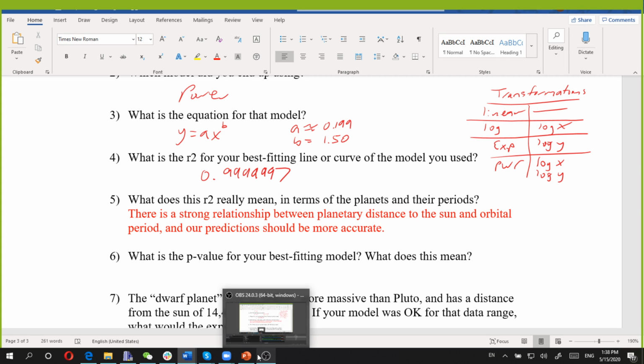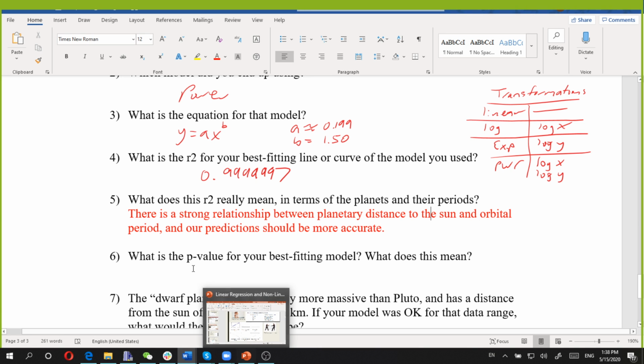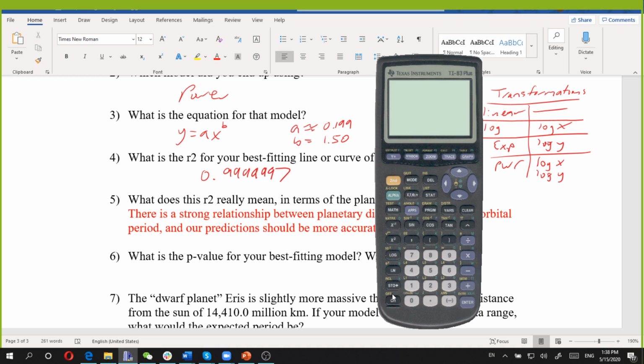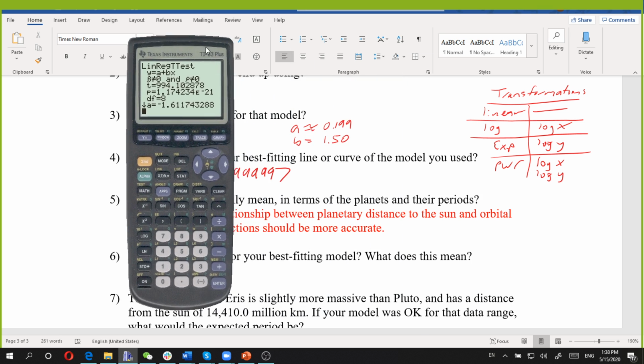Okay, Jana, I'm going to go to you. So our p-value for our best fitting model, if I go back, which again is our transformed model, since we have to transform back into a line, so that's lists 3 and 4, is here at 1.17 times 10 to the negative 21st.